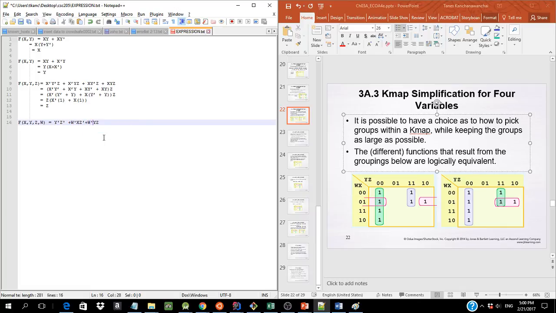Yeah, because you see that the smaller the group is, the more variables have to be involved, right? The bigger the group is, the fewer variables there are going to be, right? So this expression you cannot simplify further, right?